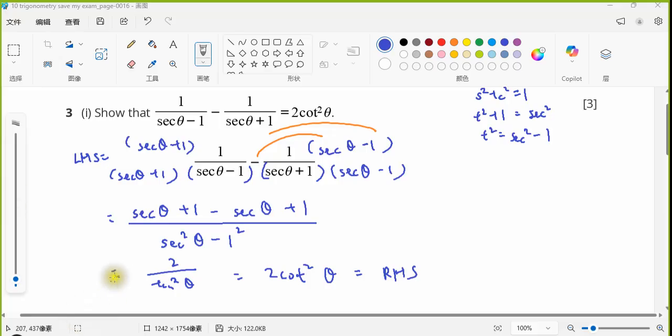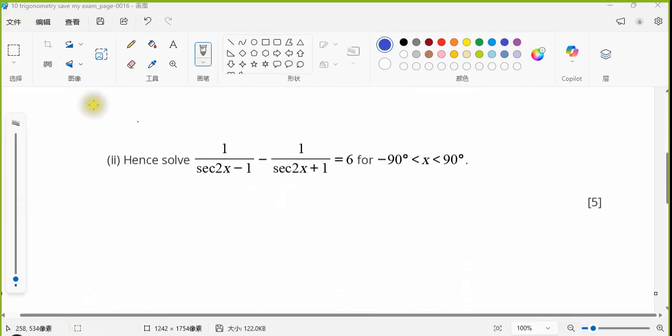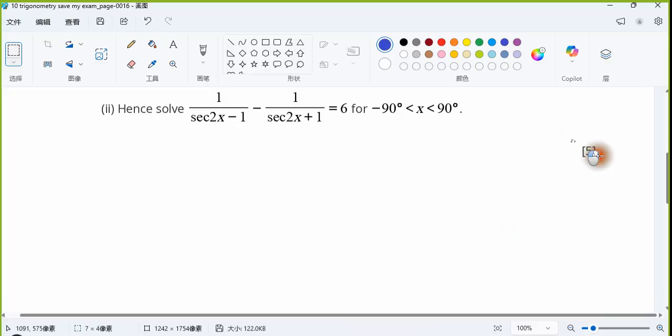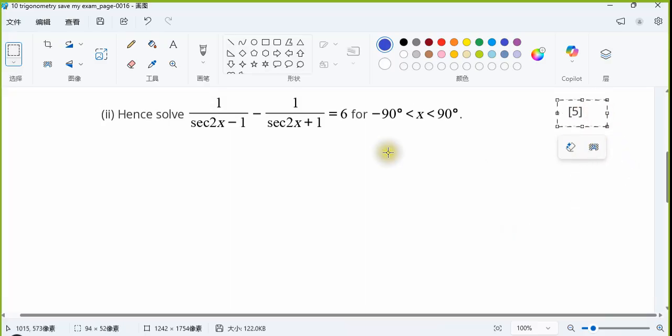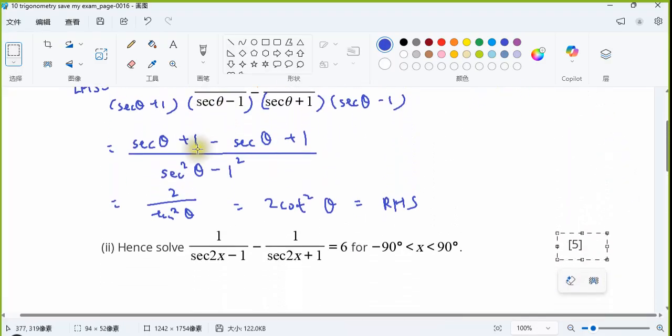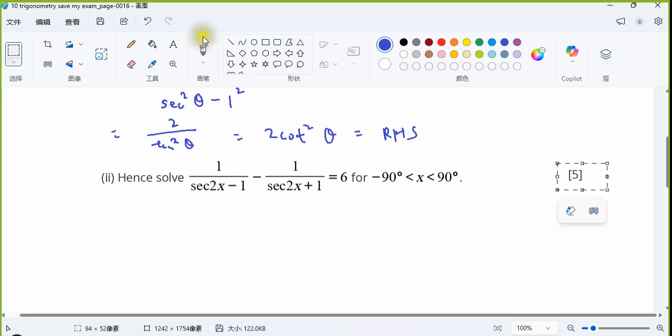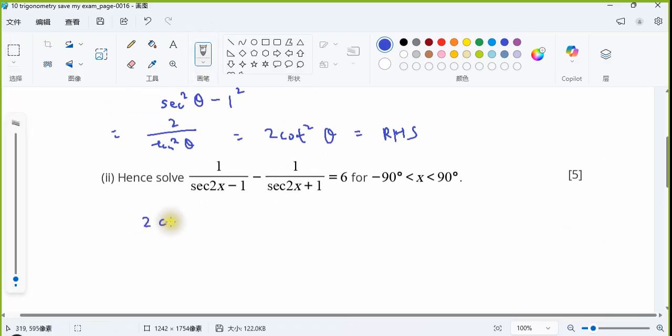And next, okay, hence solve this. So secant, so 1 over secant minus this, then will become 2 cotangent square. So we have 2 cotangent square 2x equal to 6.